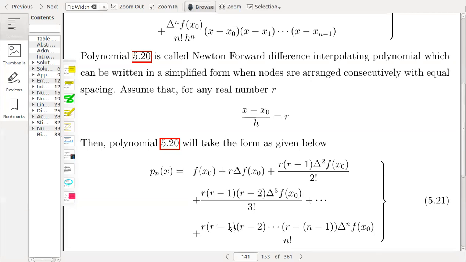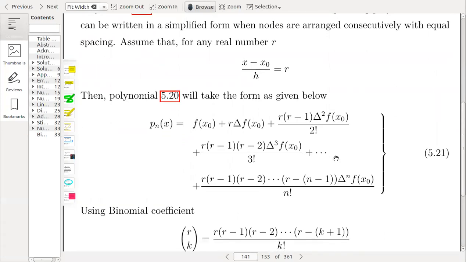So r into (r minus 1) into (r minus 2) so on (r minus n plus 1) delta n f of x naught over n factorial.